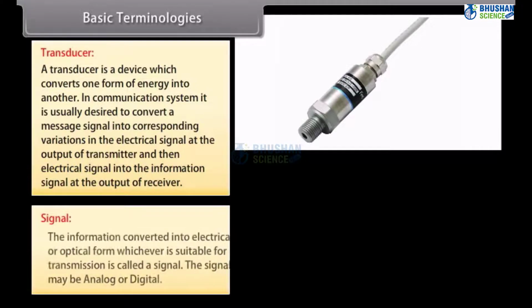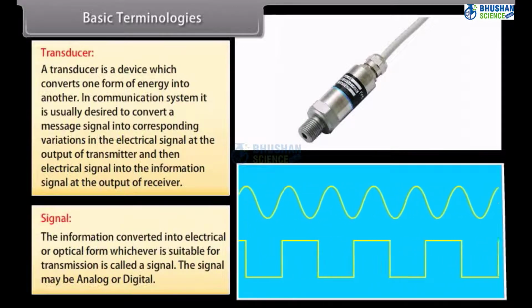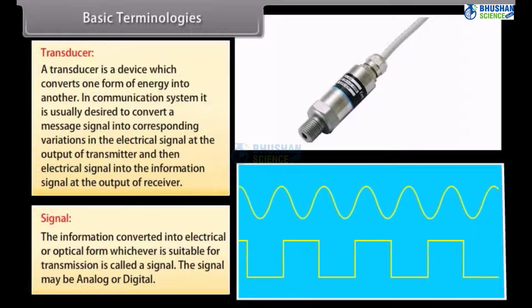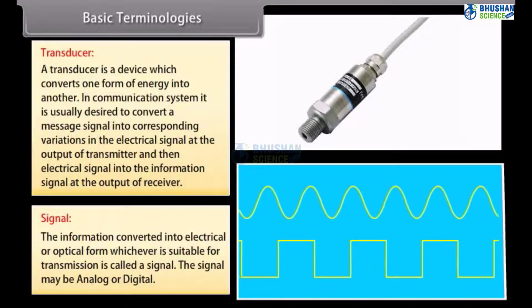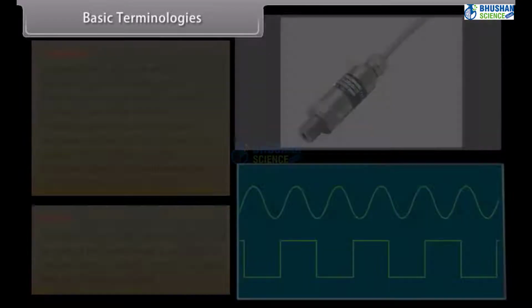Signal. The information converted into electrical or optical form, whichever is suitable for transmission, is called a signal. The signal may be analog or digital.